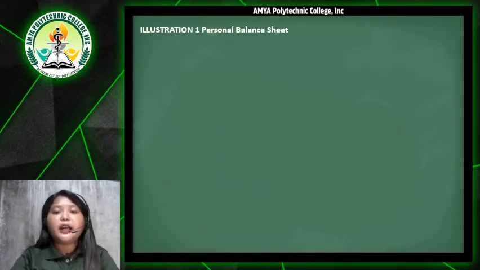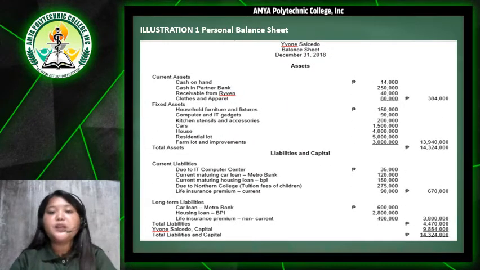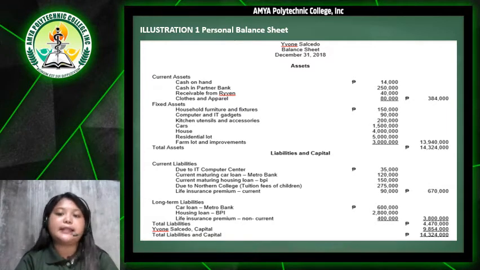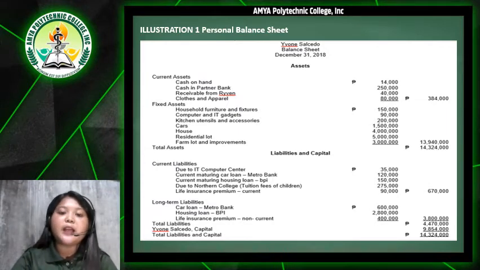Here we have illustration 1, the personal balance sheet for Yvonne Salcedo. As we have seen in the picture, we have their assets, under which are the current assets and the fixed assets. Then for liabilities and capital, we have the current liabilities and the long-term liabilities.